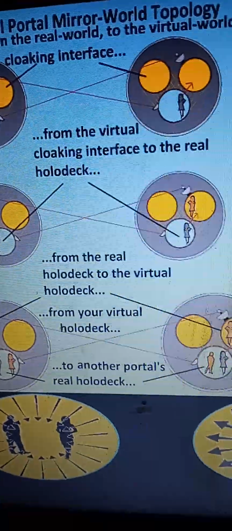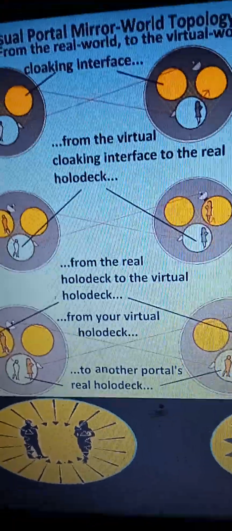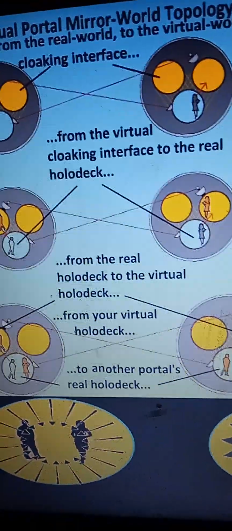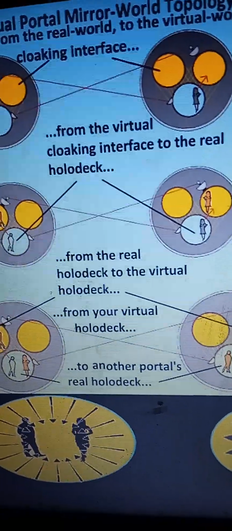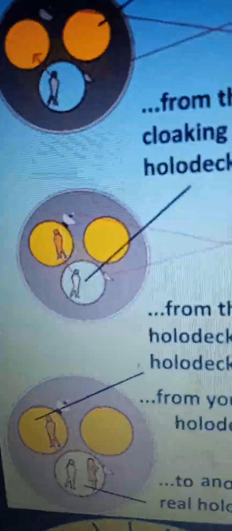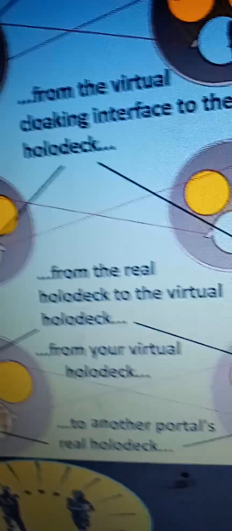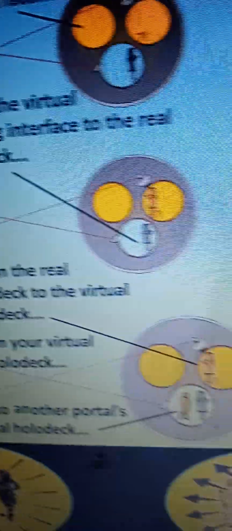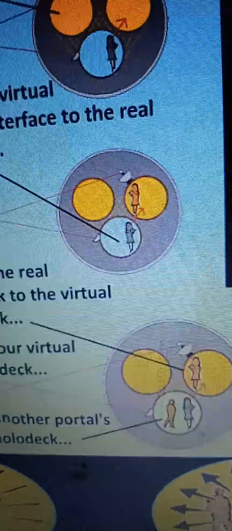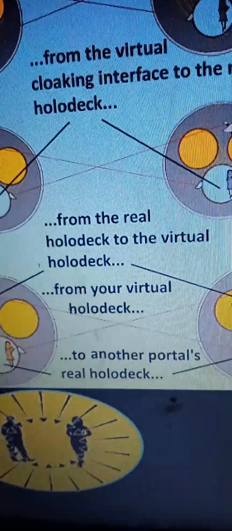From the virtual cloaking interface to the real holodeck, this is the real holodeck right here in blue, and that's the real Bob. This is the real holodeck for Alice in blue.